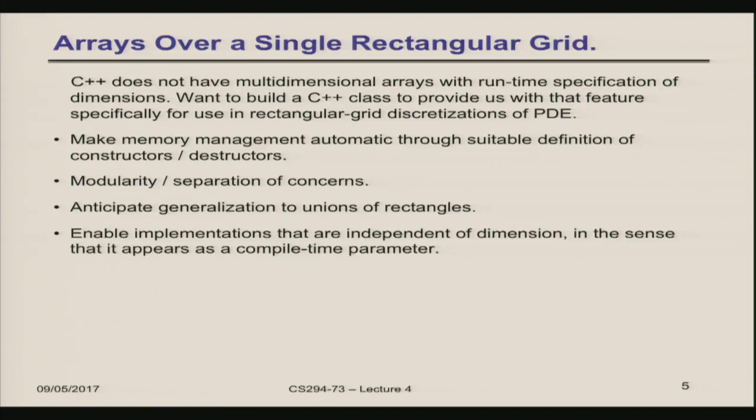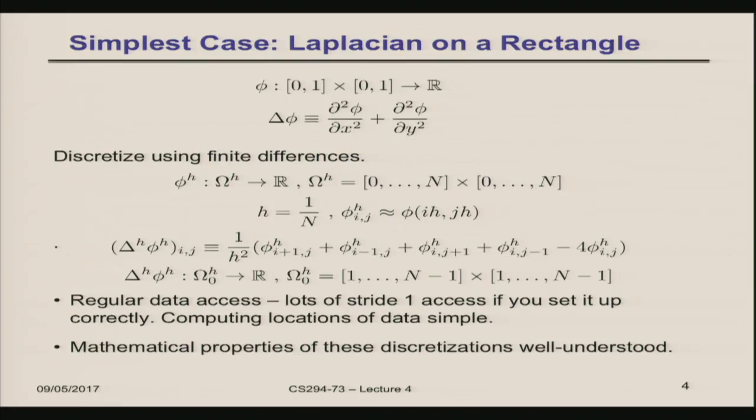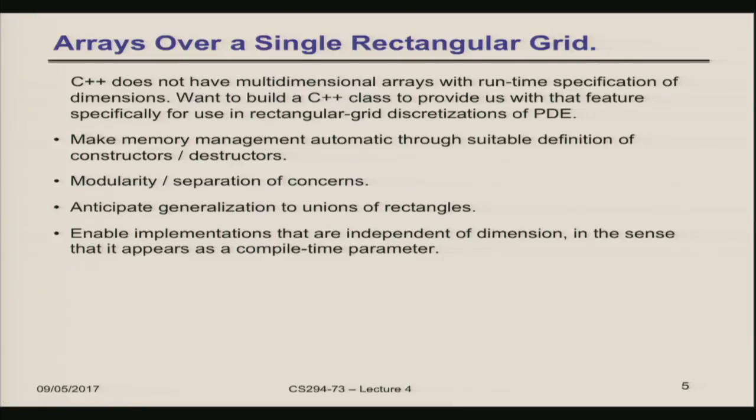Okay, so how are we going to represent this? Well, the natural way to represent this would be to think of our solutions as being multidimensional arrays. That's kind of the way we've written them: phi ij is an array with indices in multiple spatial directions. The problem is C++ does not have multidimensional arrays with runtime specification of dimensions.